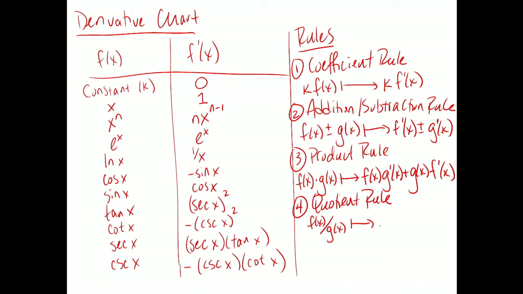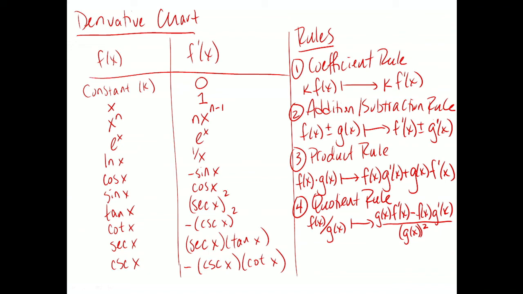It should be the bottom times the derivative of the top minus the top times the derivative of the bottom, all divided by the bottom squared. The quotient rule is a bit of a mess, I guess, right? It's a lot of pieces, but using it isn't really that hard. It's literally not any harder than the product rule.